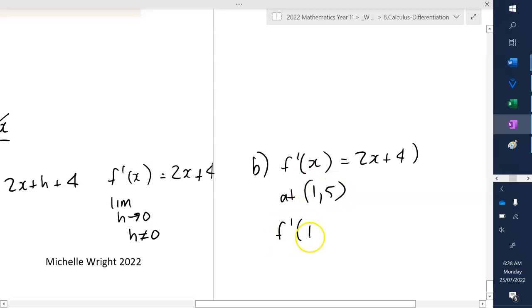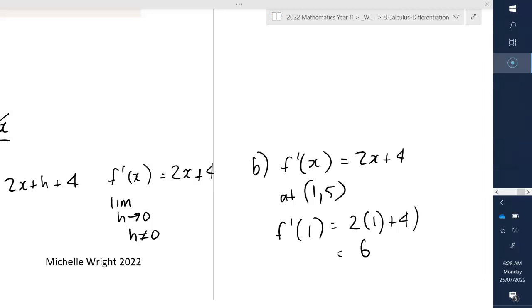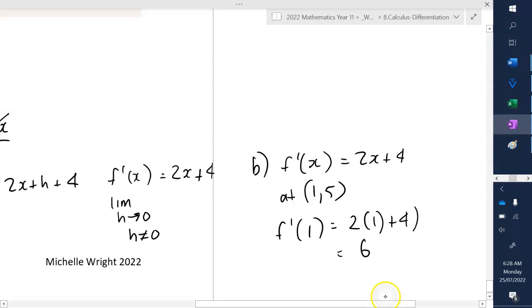So we want to find f dash of 1, which is 2 lots of 1 plus 4, which is 2 plus 4, which is equal to 6. So that's our gradient of the tangent to the function at that point.